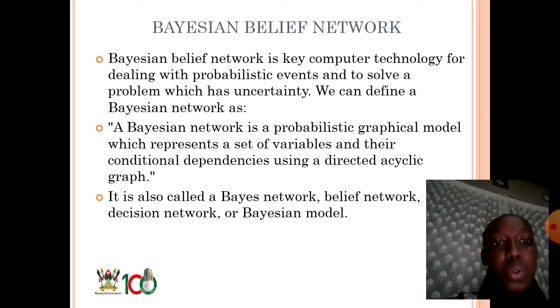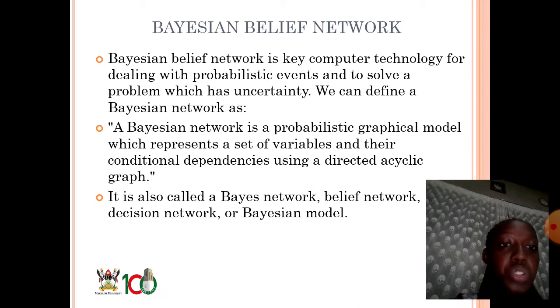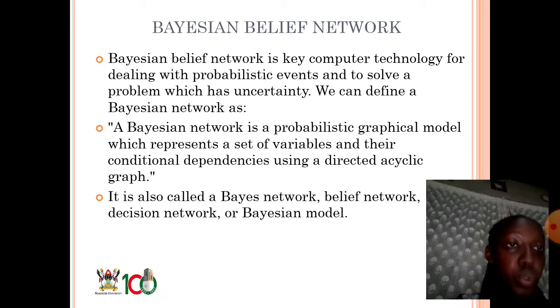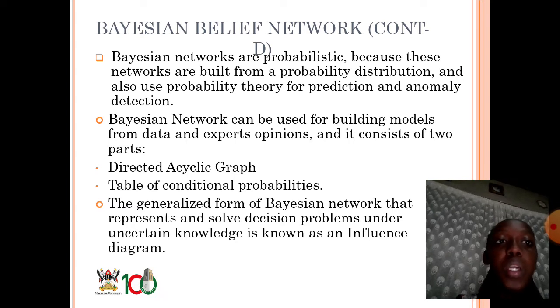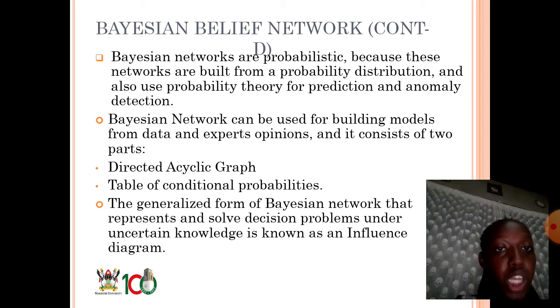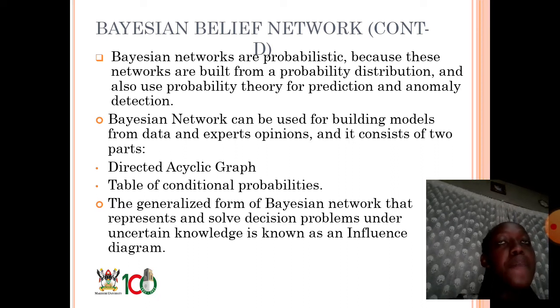It is also called a Bayes network, a decision network, or Bayesian model. Because these networks are built from a probability distribution and also use probability theory, they are used for prediction and anomaly detection.